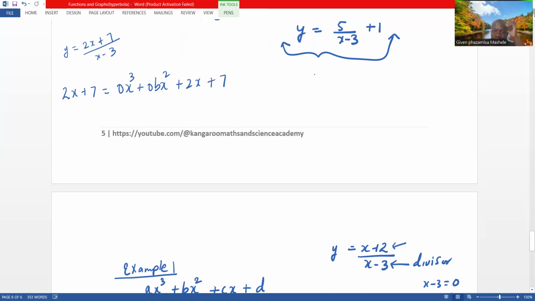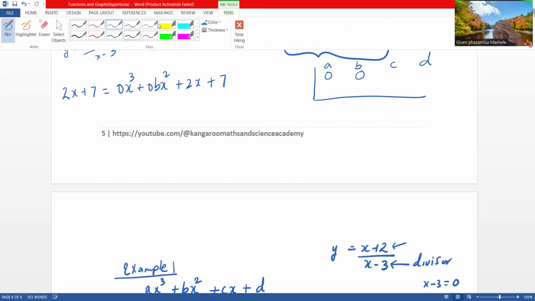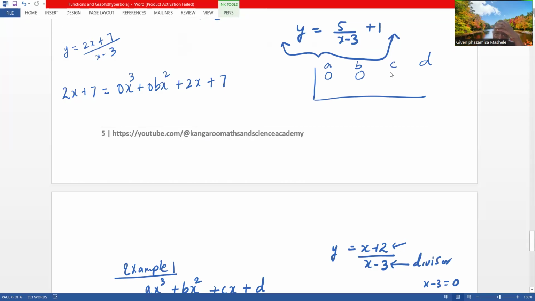So I'll just put my synthetic division there, with the a, the b, the c, and the d. What is the a? The a is 0, the b is 0, the c is 2, and the d is 7.